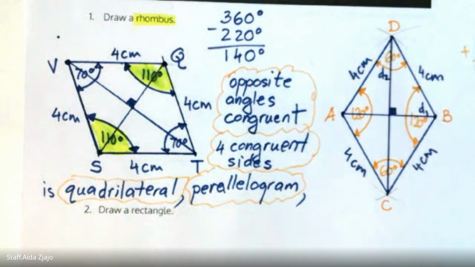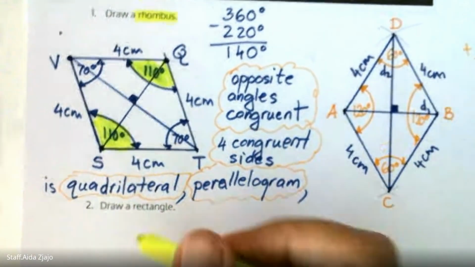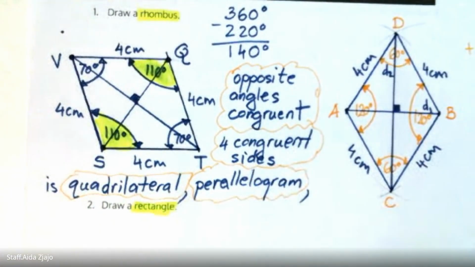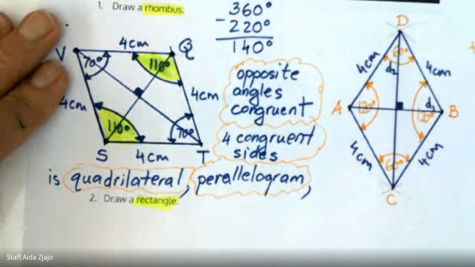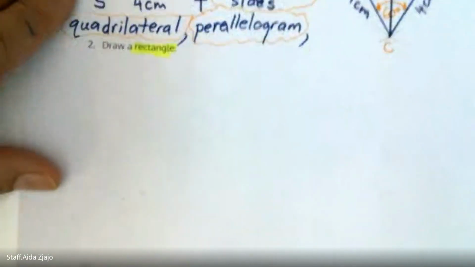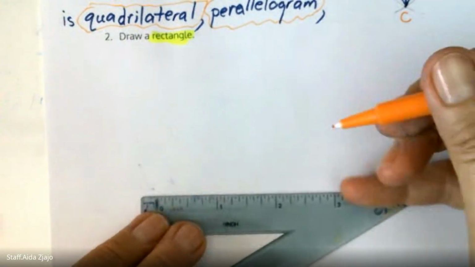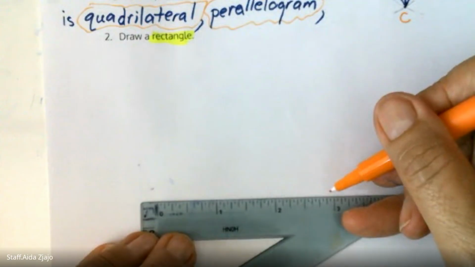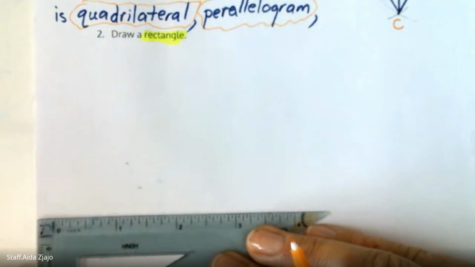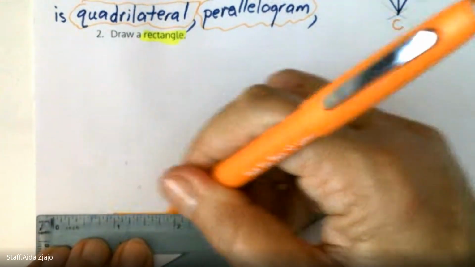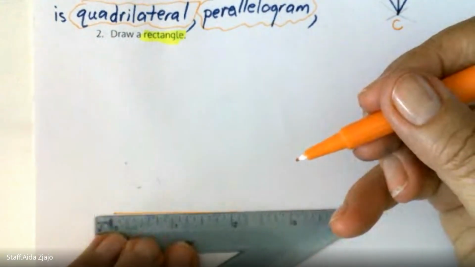Now, draw a rectangle. A rectangle means it has a right angle. A shape that has a right angle, and I can choose to be, let's see, I'm going to use inches now.